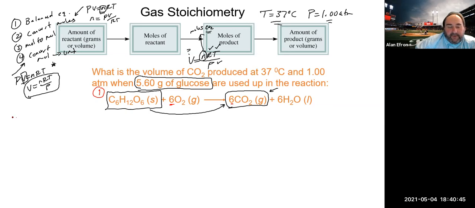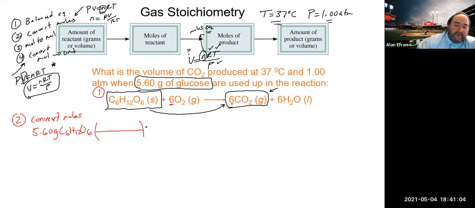Second step is to convert to moles. And in this particular case, it is like a regular stoichiometry problem. We have 5.6 grams of glucose. So in order to do that, we need to go to the periodic table and find the molar mass of glucose.